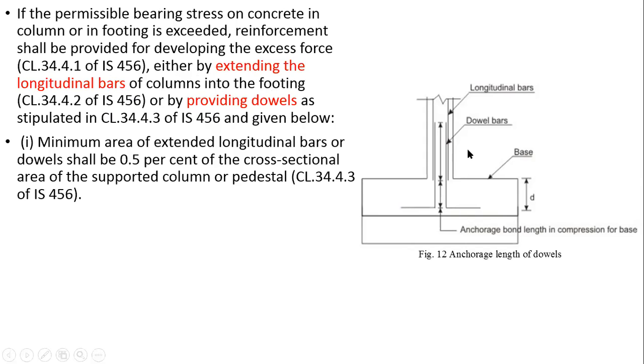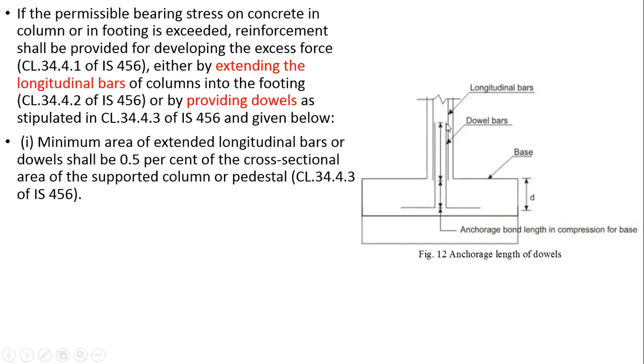So in that case, I have to provide these dowel bars. These are my dowel bars. We have to provide some extra steel here, called dowel bars, which extend into the footing. Clear? So what is the minimum area of extended longitudinal bars?